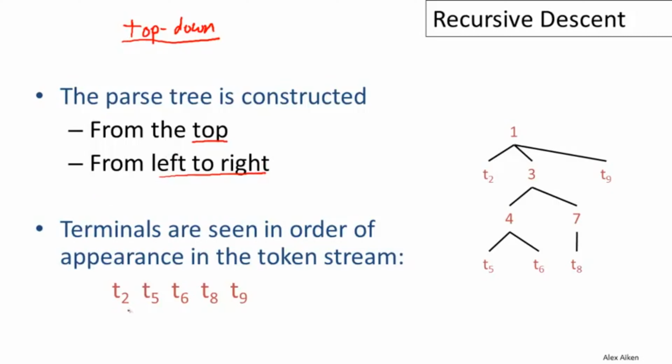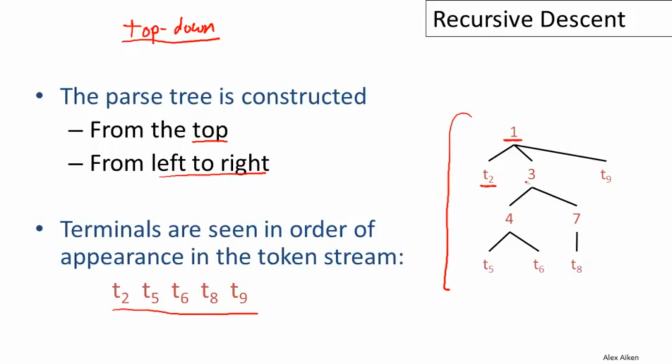So for example, if I have this token stream here, this is a hypothetical parse tree that I could construct, and the numbers here correspond to the order in which the nodes of this parse tree are constructed. So we have to begin at the root, so that's the first thing that happens. And then if T2 belongs here in the parse tree, that'll be the next thing that happens.